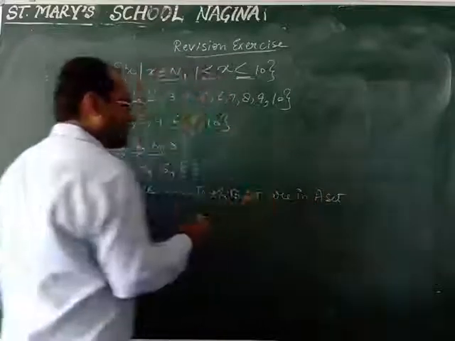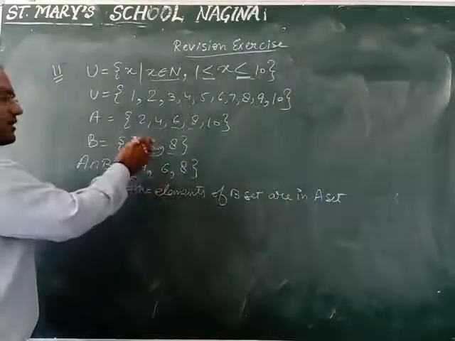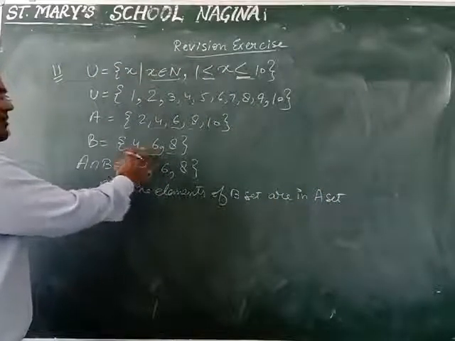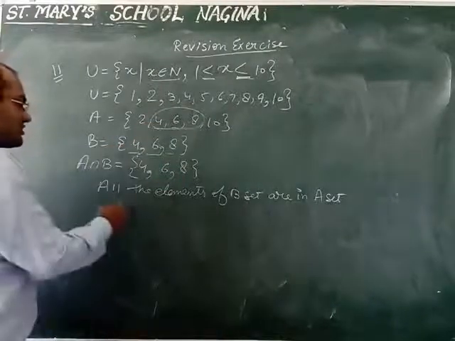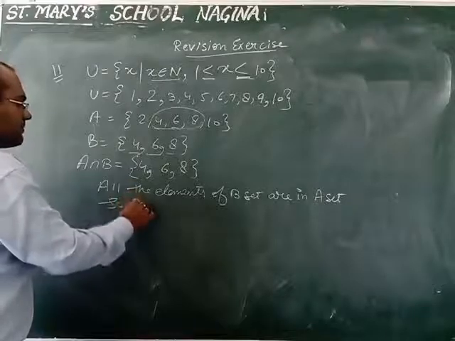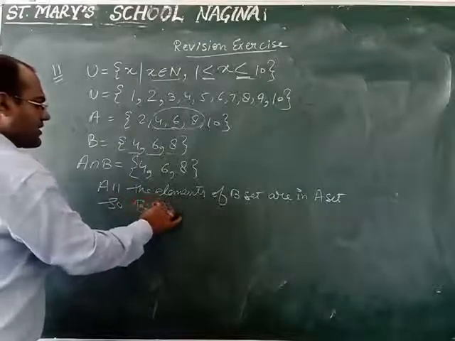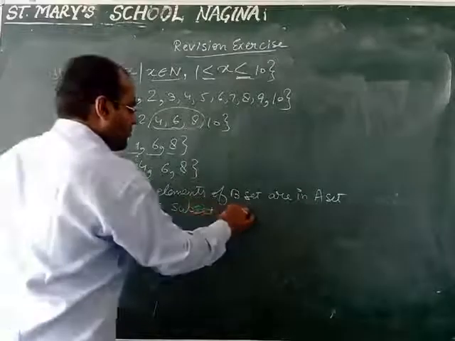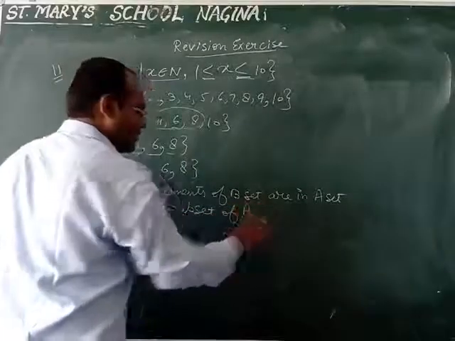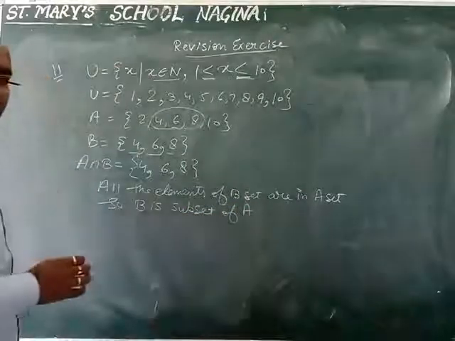All the elements of set B are coming in, this is the set B elements. These all are coming in A. That's why we will say B is subset of A. B is a subset.